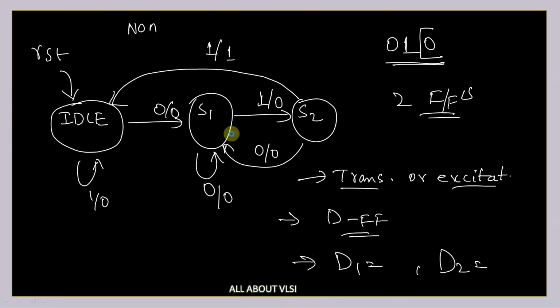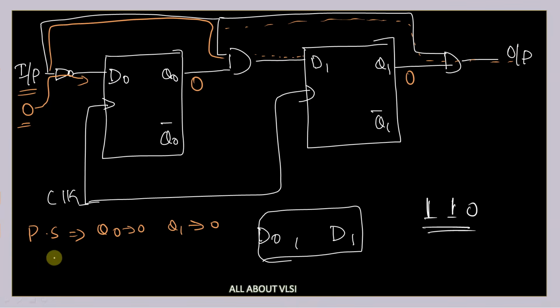Now, let's say I apply 0 next. If you apply 0, then what is your next state? The next state is decided by this combinational logic. You get 0 at your input here, and since one input of your AND gate is 0, the output is 0, and here also you get 0. So what is your present state at the next edge of the clock?